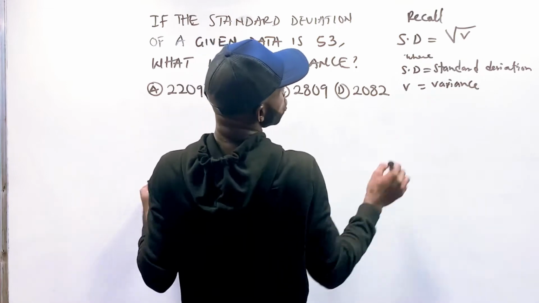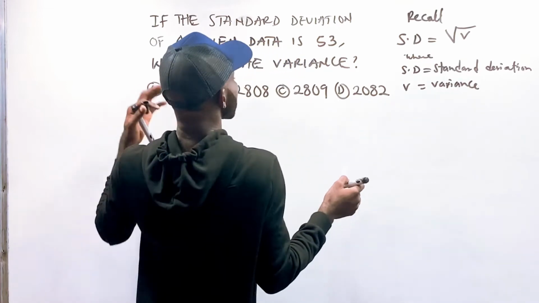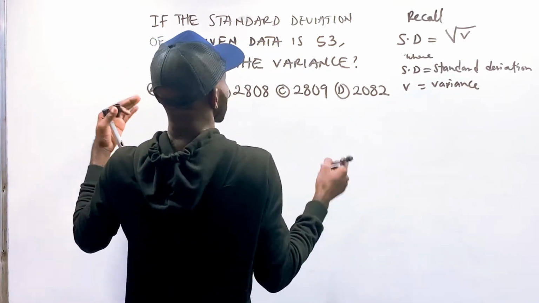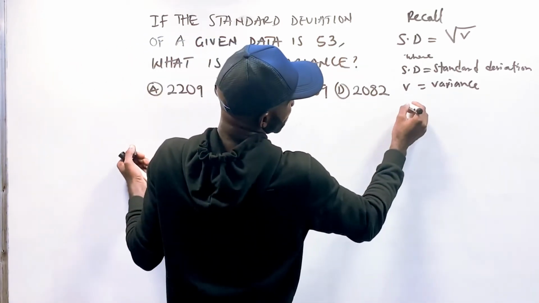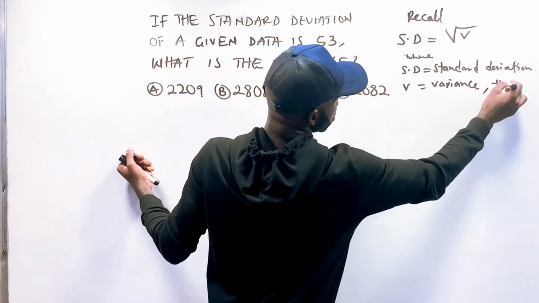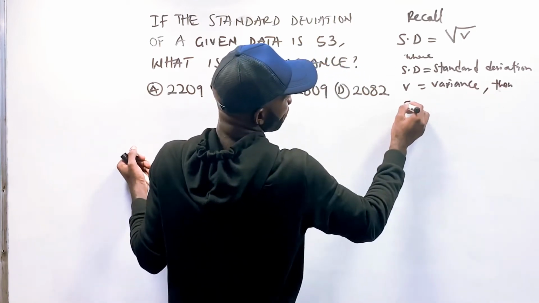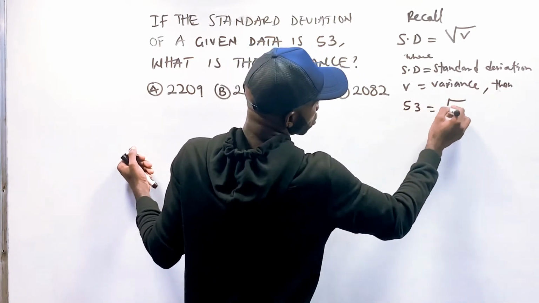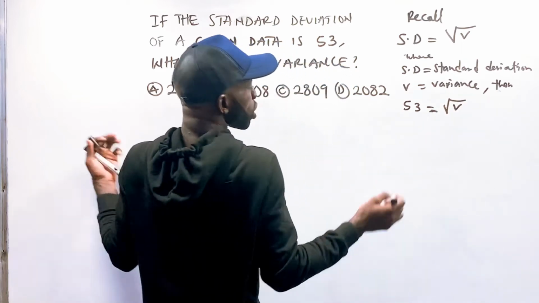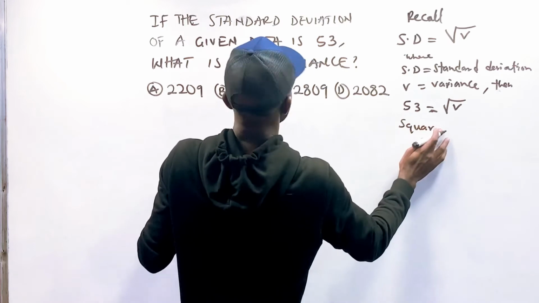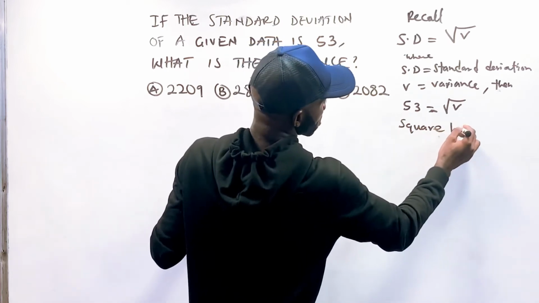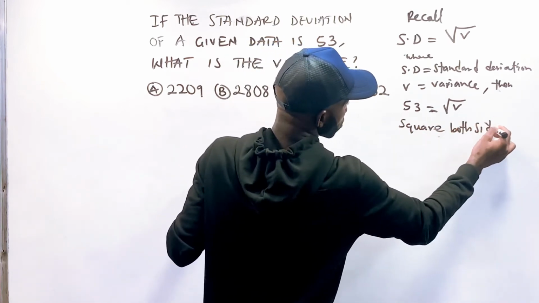Now, if we have these two, we can come back to say, what's the value of my standard deviation? Is that what's given in the question, 53? They said 53, so we go with 53 equal to square root of V. What do we do? We square both sides.